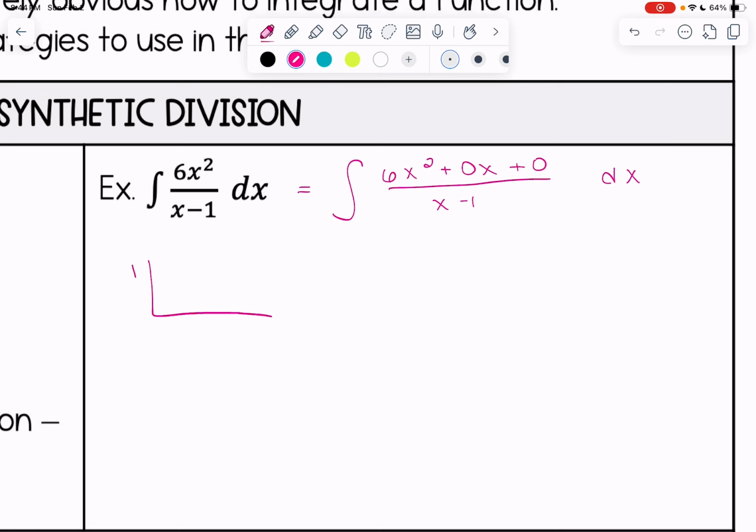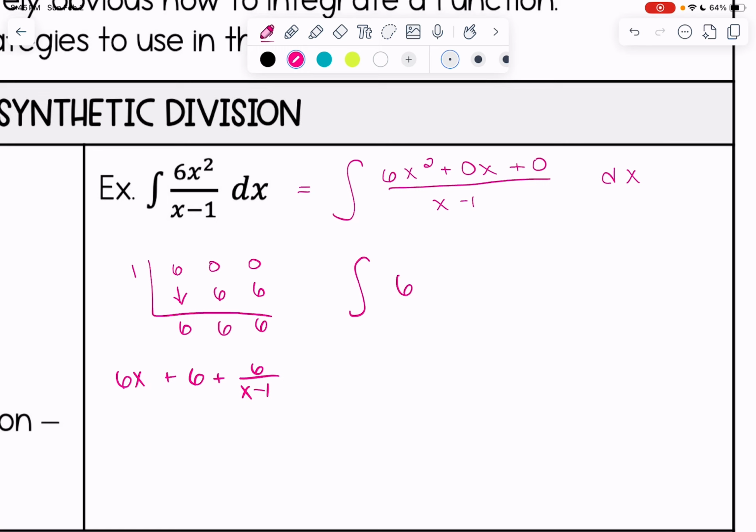So if the denominator is x minus 1, we're going to put a 1 outside the synthetic division format, and we're going to put in all of the coefficients in that top line. All right, when we synthetically divide, we're going to bring down the 6 and then multiply, add vertically, multiply, add vertically. And we end up getting, when we put our variables back in, 6x plus 6 over x minus 1.